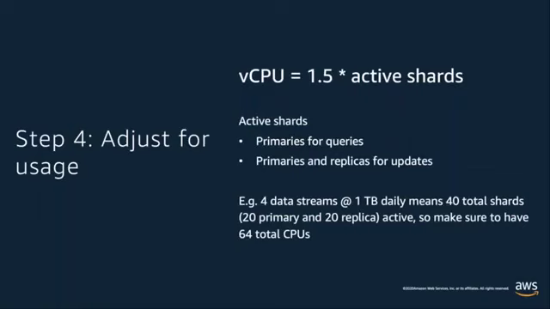Let's say each of those indexes has 5 primary shards and 1 replica. So each index has 10 total shards, and each of those 4 indexes is concurrently active. Those are active indexes. So I have 40 active shards in total. So we want to make sure that we have, in this case, a total of 60, or 64 is a round number, total vCPUs in this cluster.